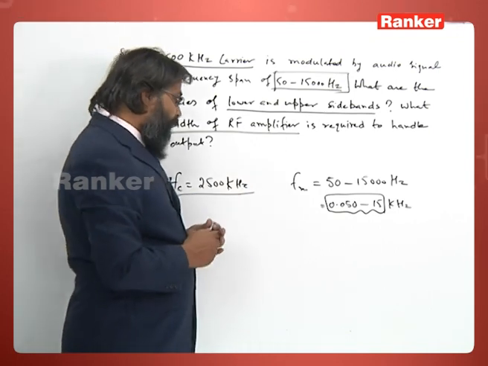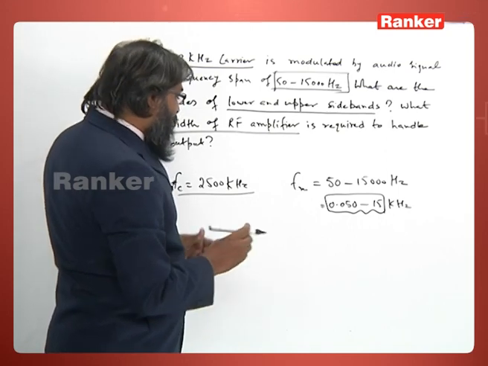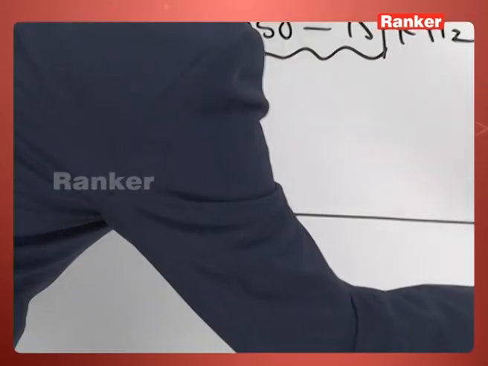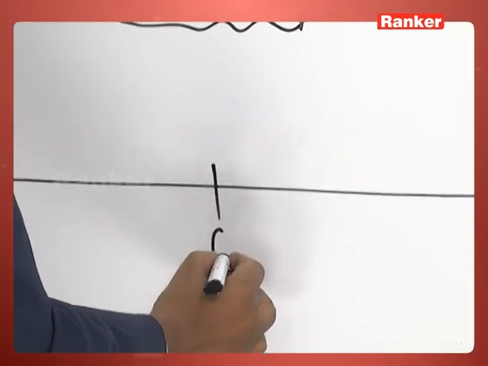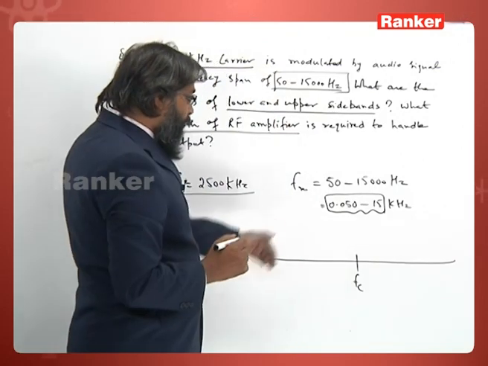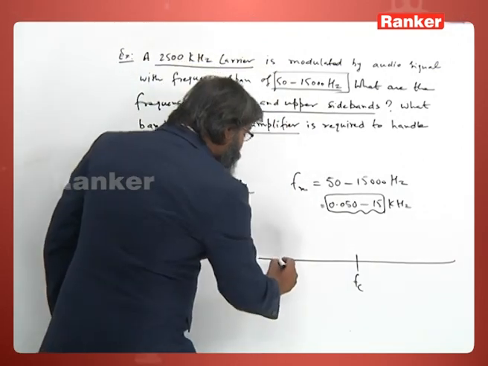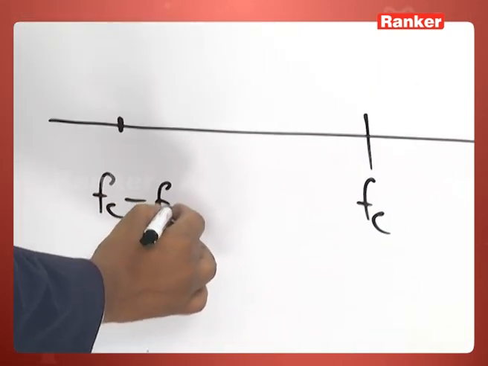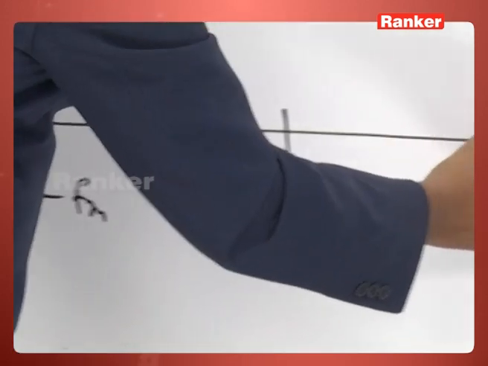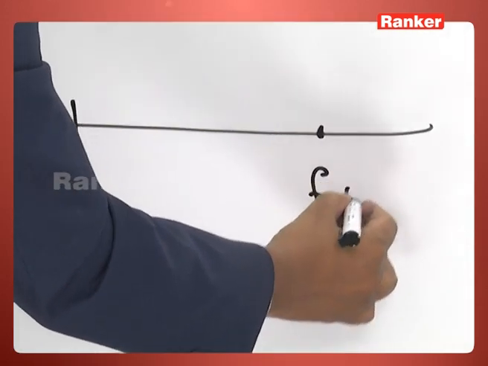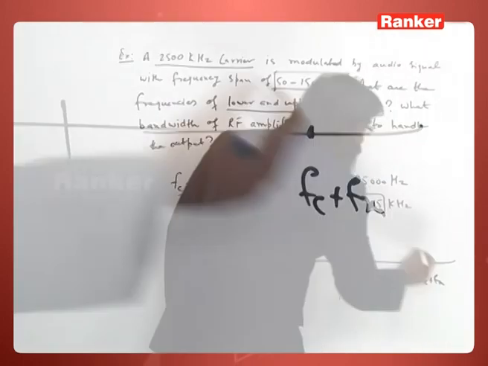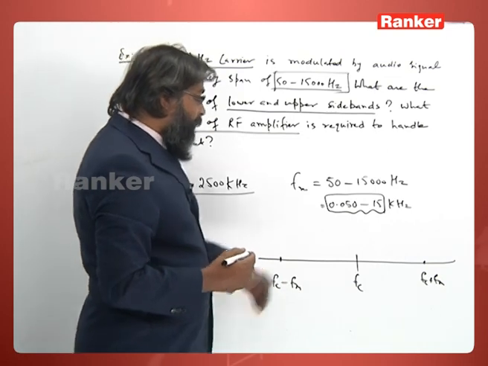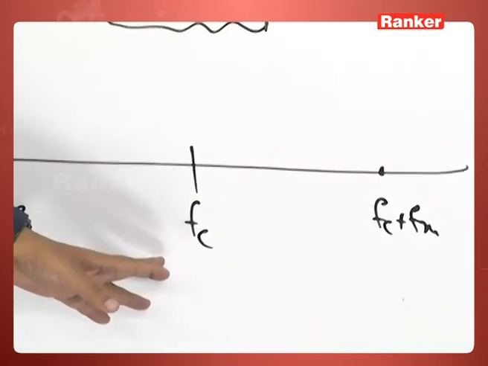So let us see, in amplitude modulation, here I write the carrier frequency. There will be one lower sideband, that is FC minus F signal, and here there will be FC plus the frequency of the modulating signal. So this is called the lower sideband, this is called the upper sideband, and this is the carrier frequency.